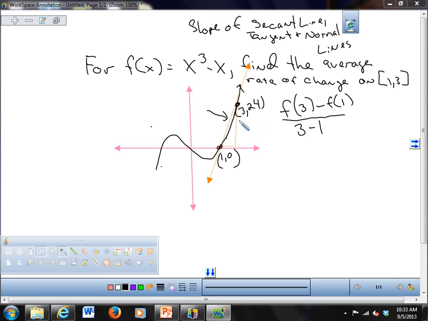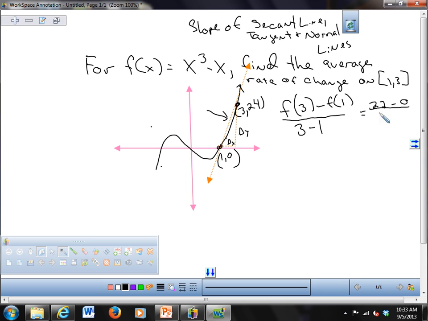So f of 3, if you plug 3 into this equation, you get out 27. And if you plug in 1 into this equation, you get out 0. And then you subtract 3 minus 1. So this again is the delta y, the change in y, and this is the change in x.